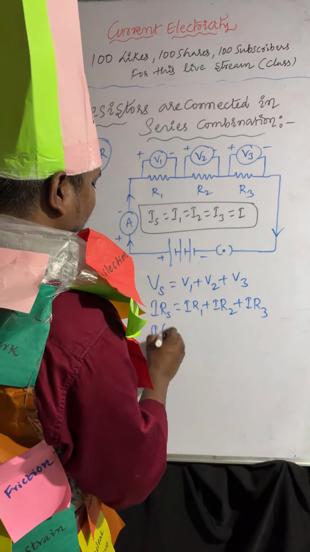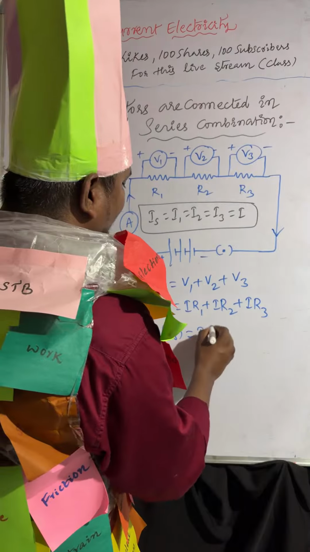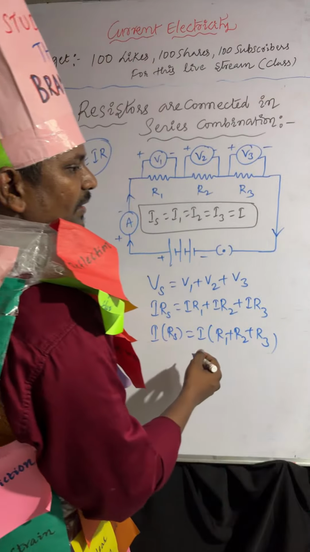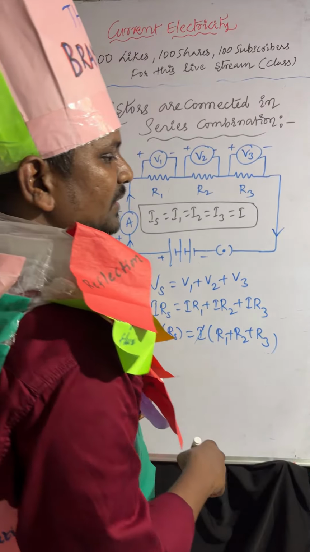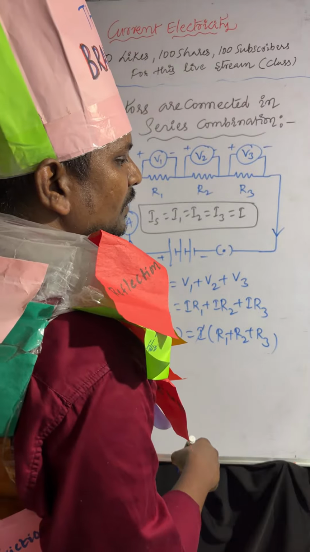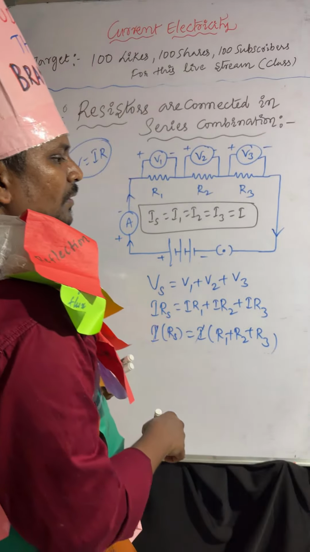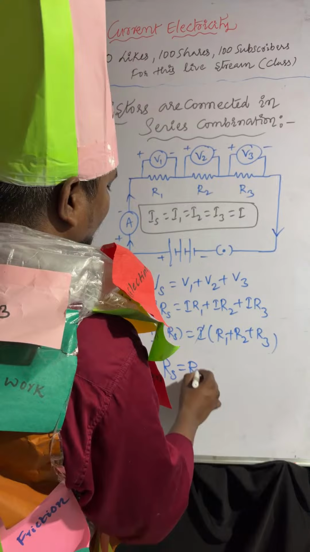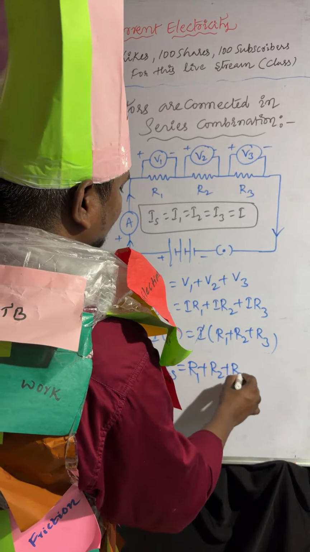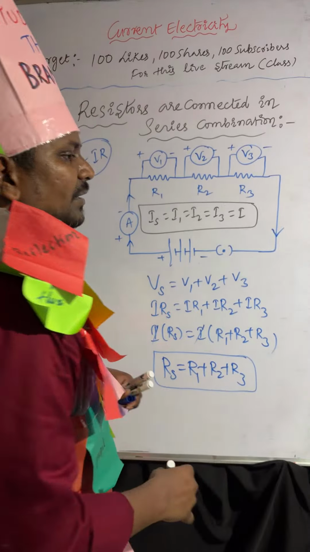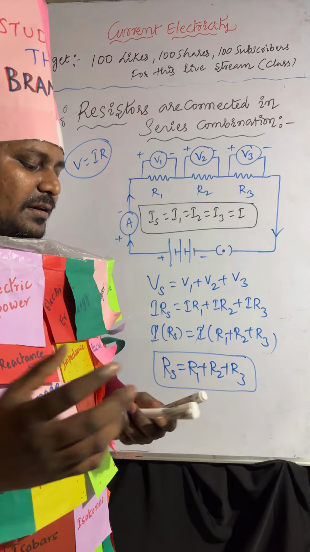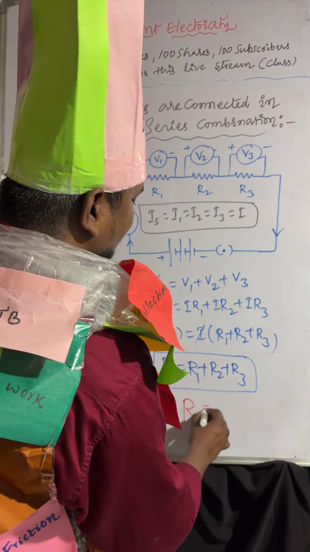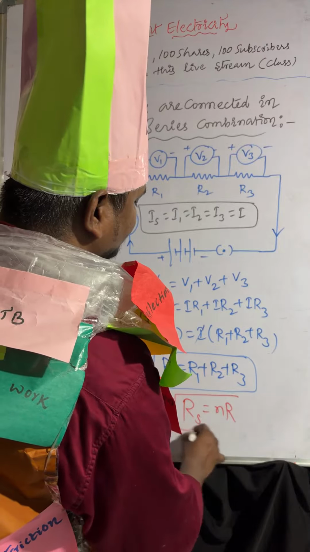So now I am taking I common: I times R1 plus R2 plus R3. Shall I cancel I? Okay, so now RS equal to R1 plus R2 plus R3. So if n number of resistors are connected in series combination, RS equal to nR.